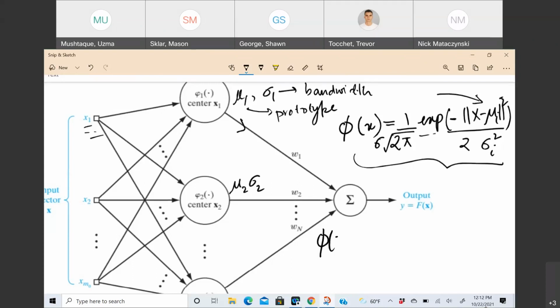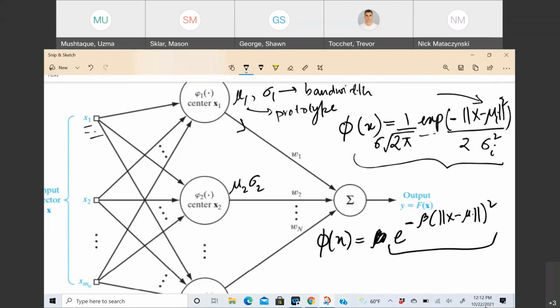So the phi of X, in a simplified way, we have a beta that in some ways encompasses the spread, right? And then the exponent stays this, sorry, not like this. It's better to write it like this. Yeah, right.